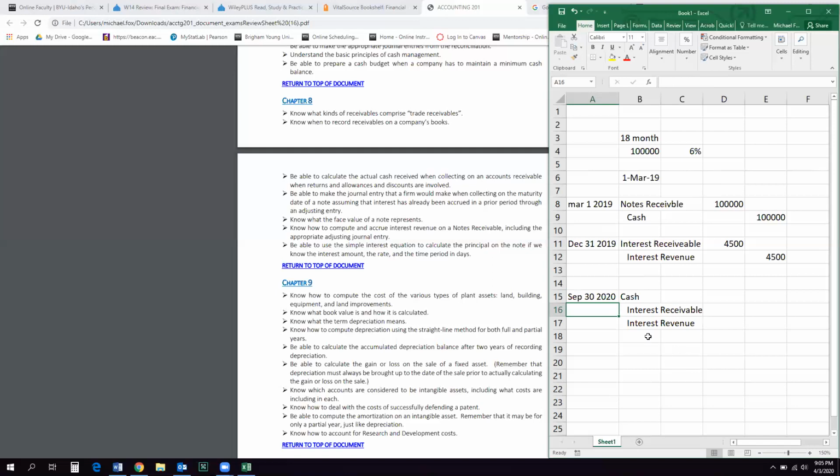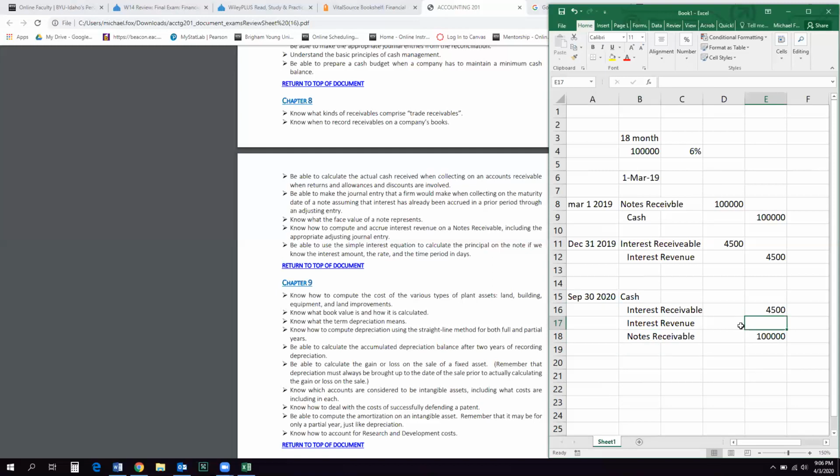And then finally, we're going to have our notes receivable go down. Okay, so the notes receivable is going to go down by the full $100,000. And the interest receivable, which has a debit balance of $4,500, is going to go down or be credited $4,500.